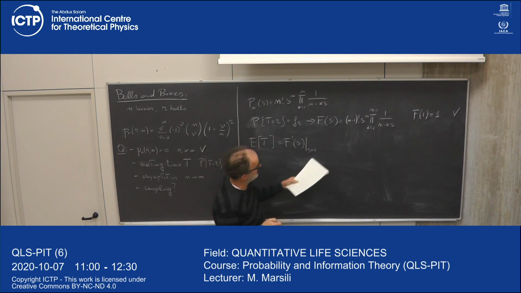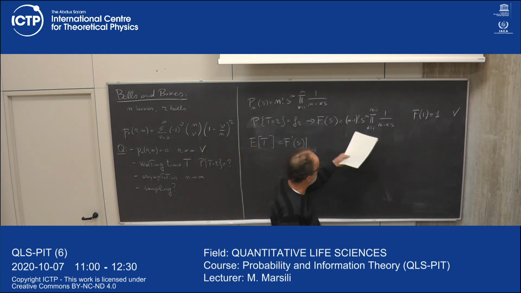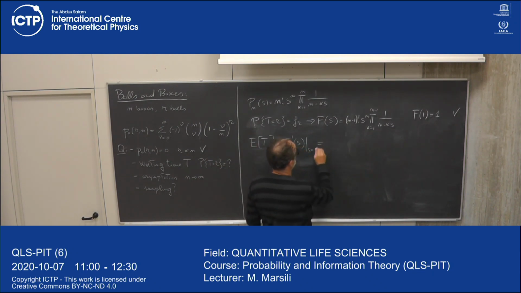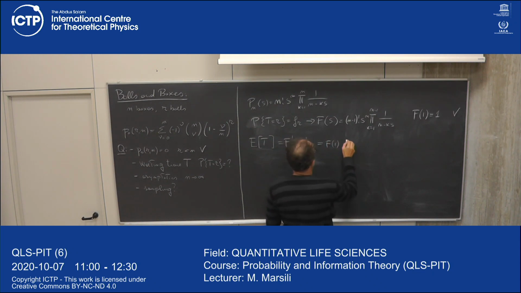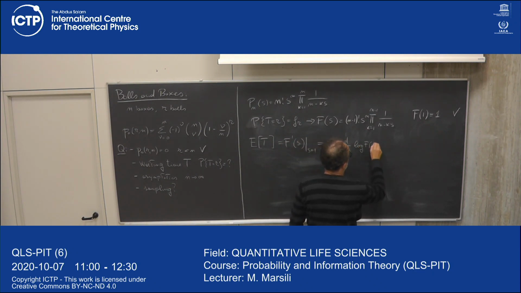Now, because this is a product, I find it easier to write this as f of 1 times the derivative of the logarithm of f of s computed at s equal to 1.